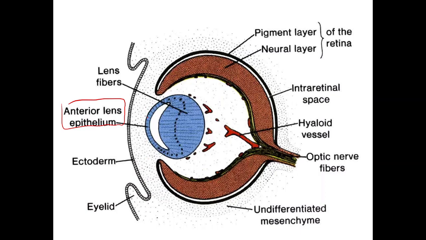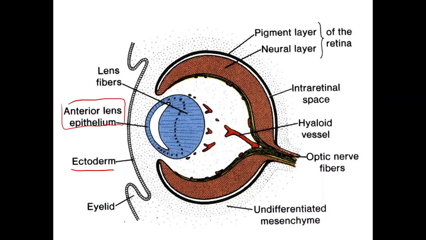It's actually formed from the neural crest. But the cornea has epithelium on its surface, and this non-keratinizing stratified squamous epithelium of the cornea is developed from the ectoderm also.